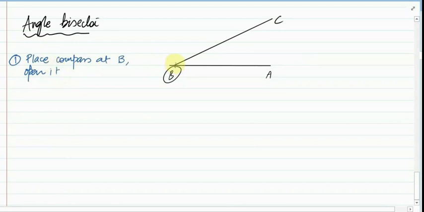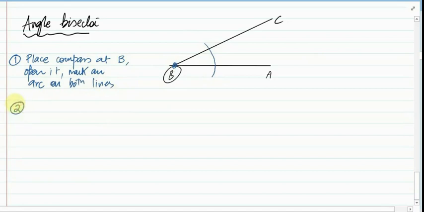So I will place my compass at B, open it and mark an arc on both lines. By both lines, I mean BA and BC.